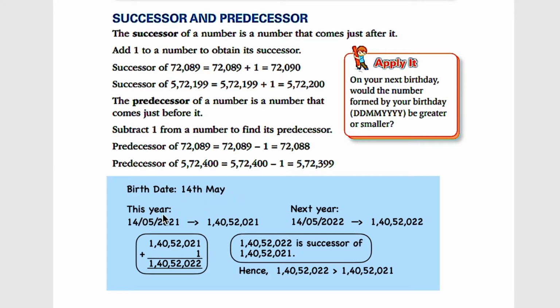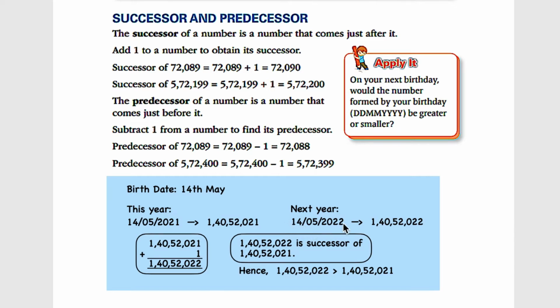So this year, you would have celebrated your birthday on this date. The year would be 2021. Now, the number that is formed using this date is 1,40,52,021.